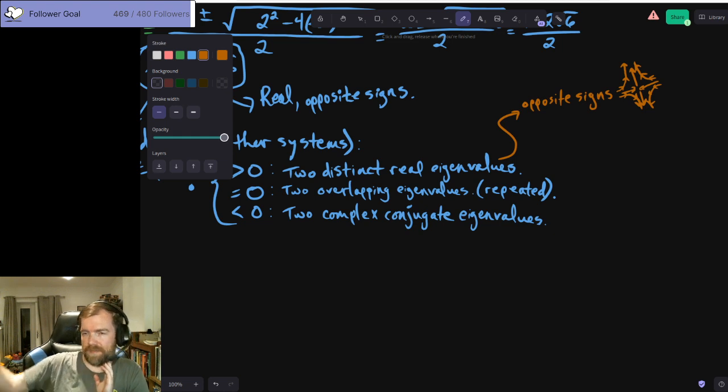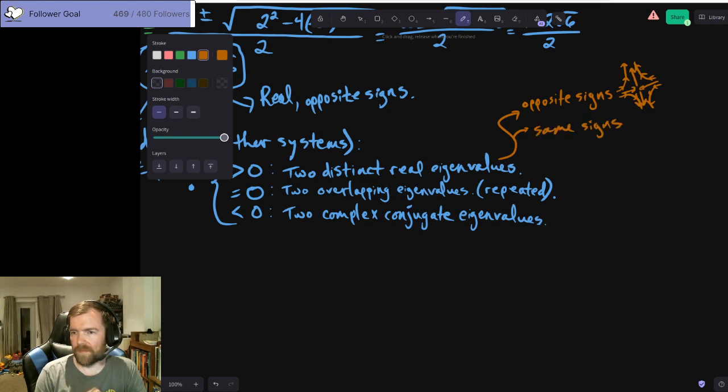Larger in the sense of magnitude. So for example, if you have eigenvalues of 5 and 10, the 10 is going to win. The thing associated with magnitude 10 is going to matter more than the one with magnitude 5.